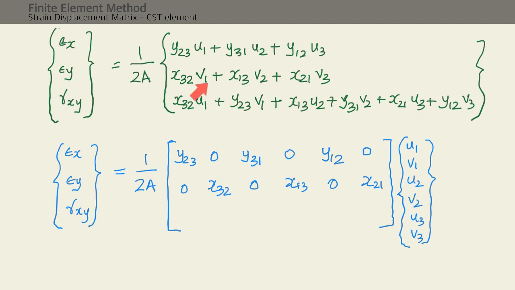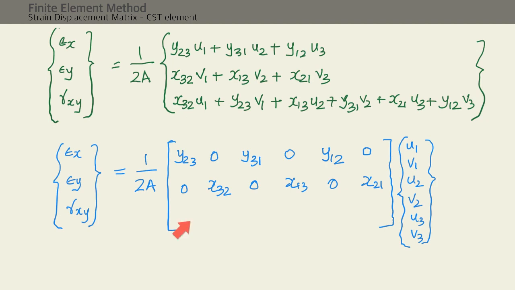There are no u terms in the second equation, so the coefficients corresponding to the u terms here should be zeros. And these three terms come from here. The last row is from this last equation, and for all these u1, v1, u2, v2 and u3, v3, there is a coefficient. You have to simply write it down.